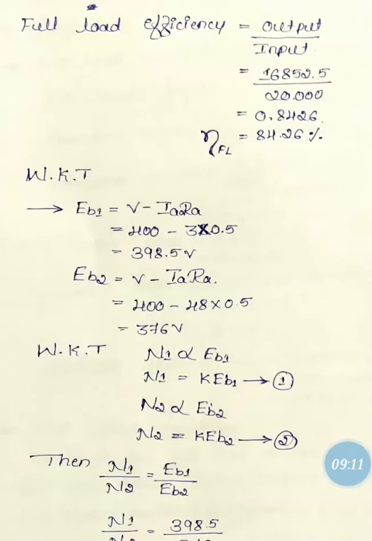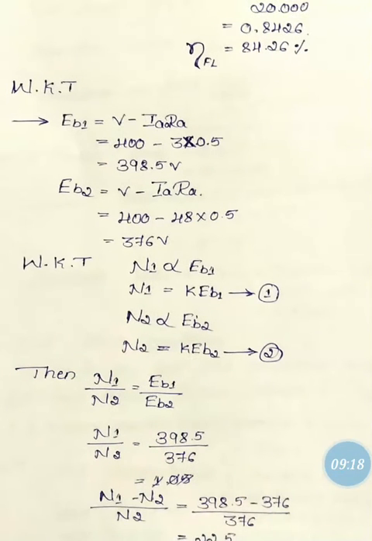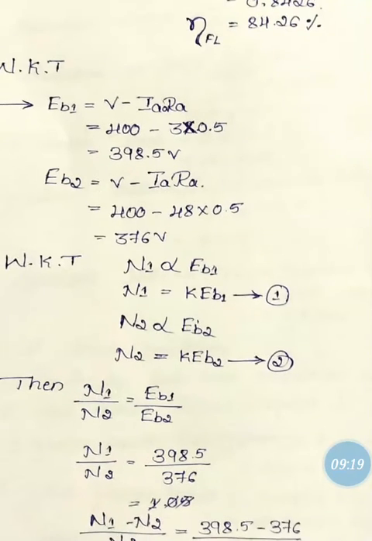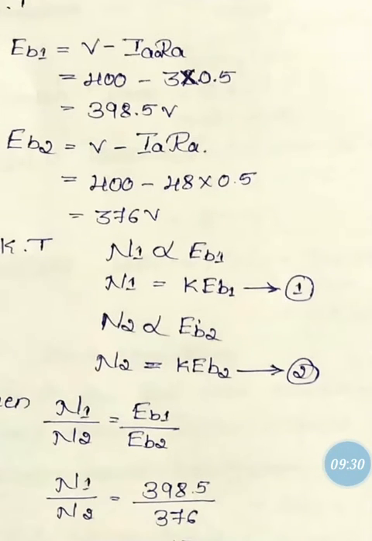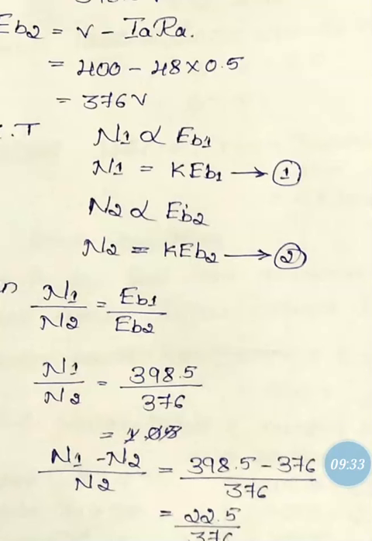Then substitute the values of EB1 and EB2 that we calculated above: 398.5 divided by 376. The change in speed from no load to full load is N1 minus N2, so we consider N1 minus N2 divided by N2, which equals 398.5 minus 376 divided by 376.